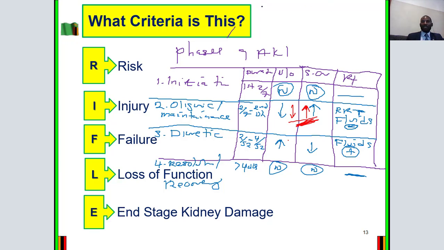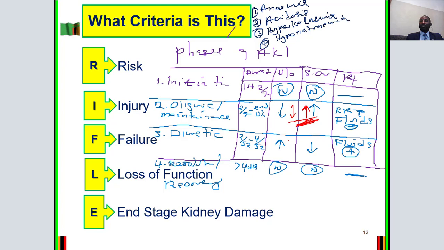Some of the complications that we should remember, which we will go through in detail, are anemia, and we'll look at what type of anemia is found in acute kidney injury or chronic kidney injury. The other complication is acidosis. Also hyperkalemia, and this is a very, very important complication. Then hyponatremia.